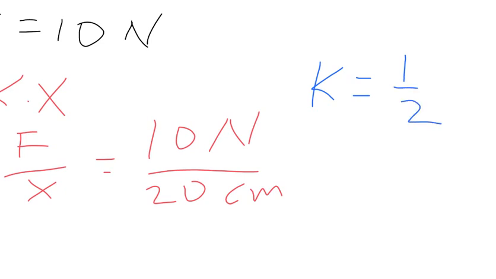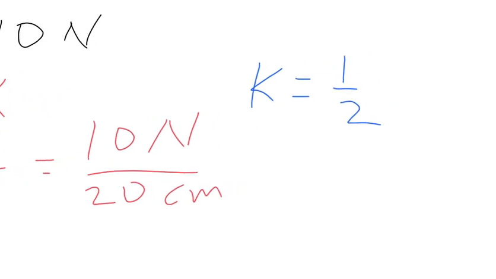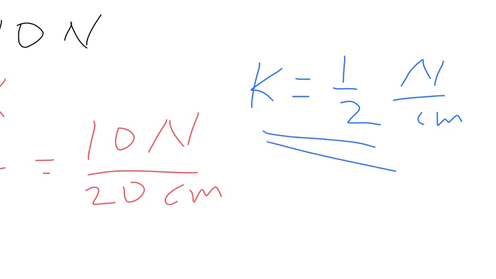And then you might say that it's newtons per centimeter as the units for that. 1/2, you might say newtons per centimeter, but you don't really need to include the units there. So in this case, the value of K is 1/2.